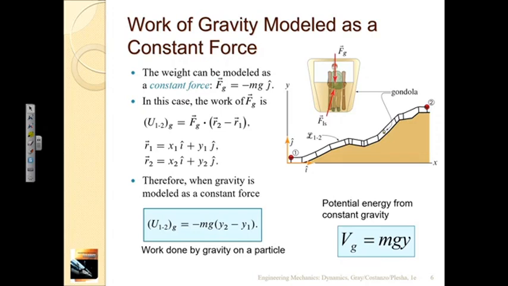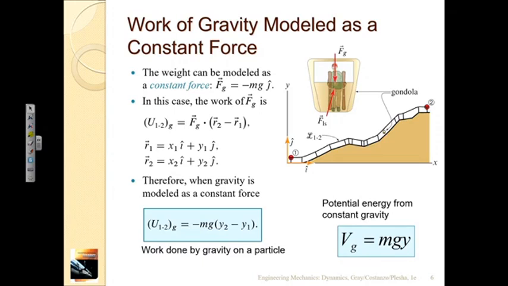And if I was going to use this in my work energy expression, T1 plus U12 is equal to T2. I'm trying to write this out a little easier. Right? I can put this in here. So what's it going to be here?